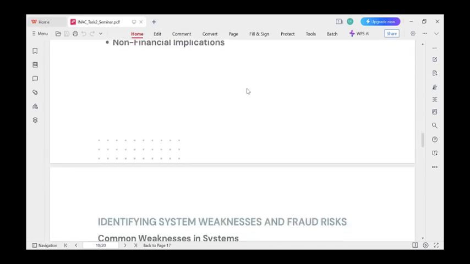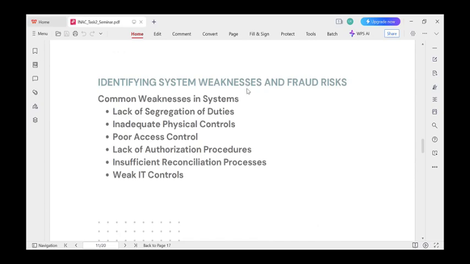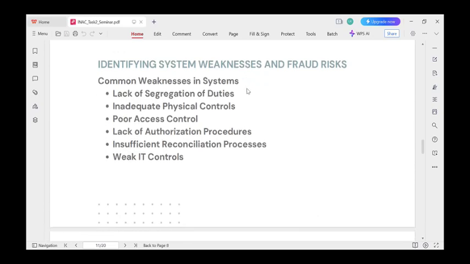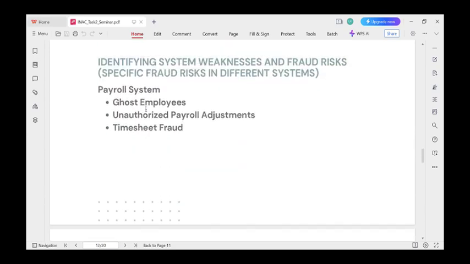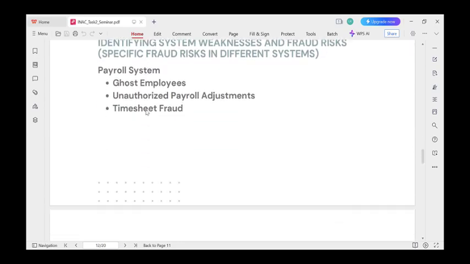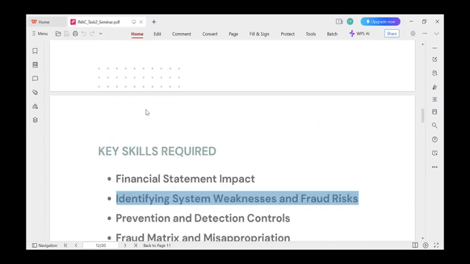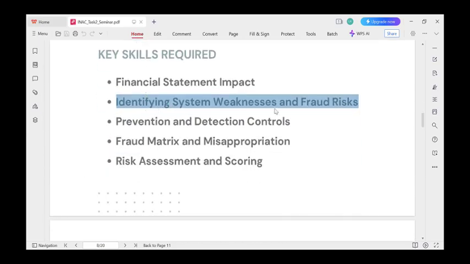We saw in identifying system weaknesses and fraud risk that these are some of the examples that you can see in any system. And whenever you see these problems, you say that, okay, we have identified a weakness. All right. Then we talked about the weaknesses in particular systems: payroll, payables, receivables, non-current asset, inventory, right?